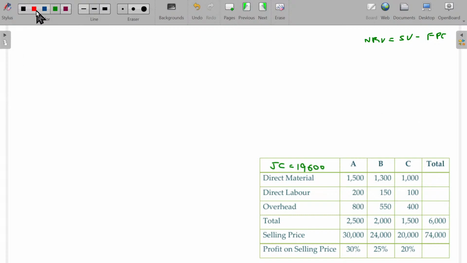So we have 3 products manufactured, A, B, C, and the joint cost being 19,600. Direct material, direct labor, overhead.